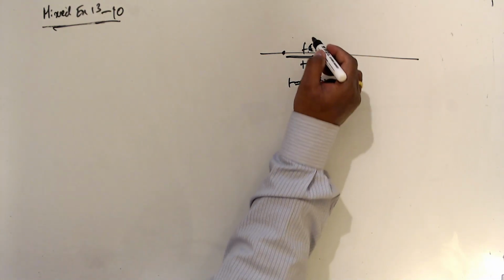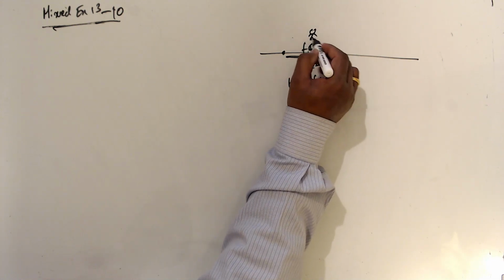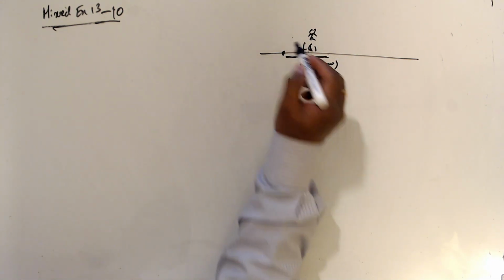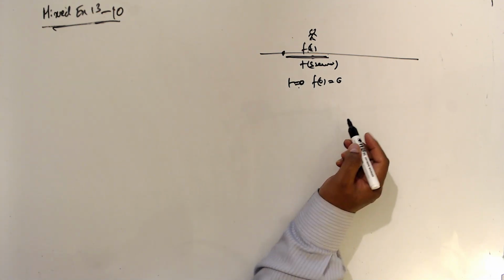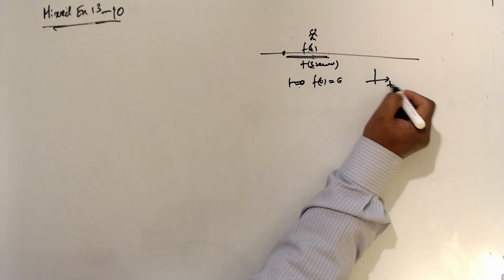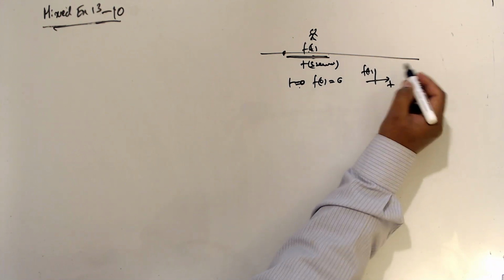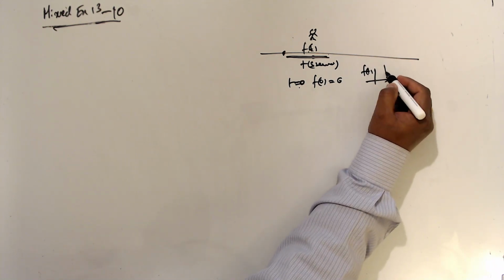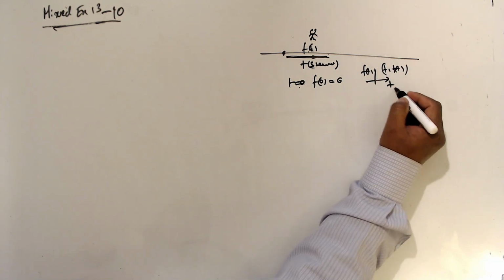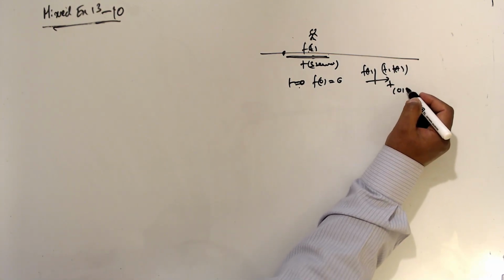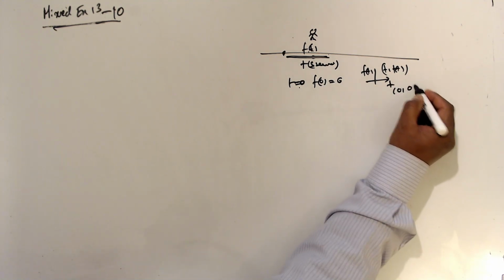This cyclist is here at the starting point. So basically this graph has x-axis t and y-axis f(t). This is the coordinate 0 and f(0) also 0, the start.